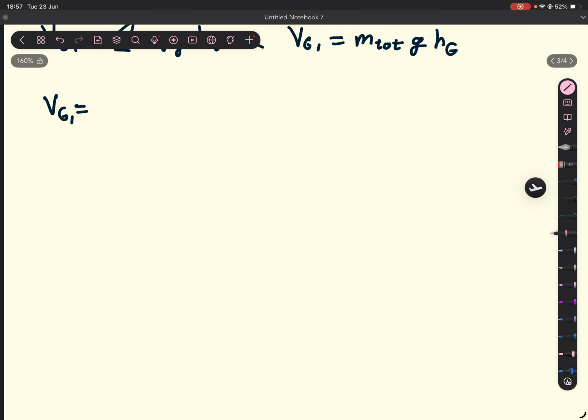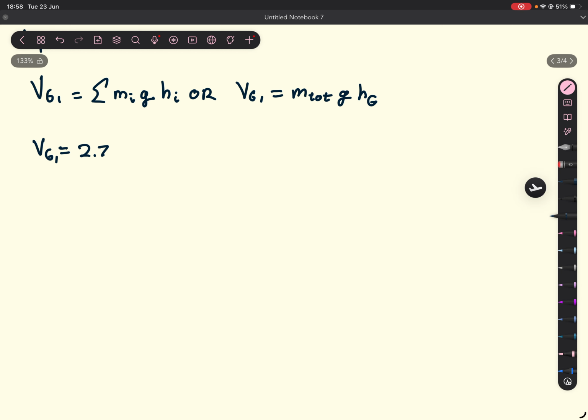Okay, so for Vg1, we're gonna have the first mass, which I'm gonna treat as this one over here, the top one. So that's gonna be 2.75 times 9.81 times its height, which is 0.36. Then we're going to add to it the next one, which is going to be 2.75 again, because they have the same mass, times 9.81 times its distance, which we're going to call y in this case, then plus 0, right?